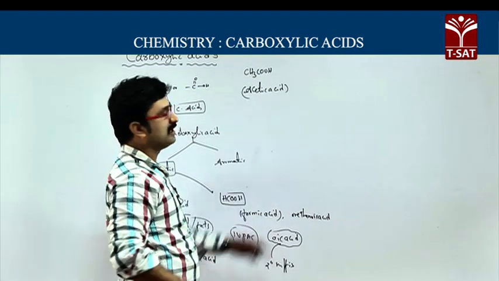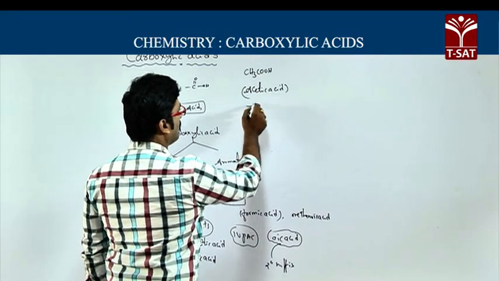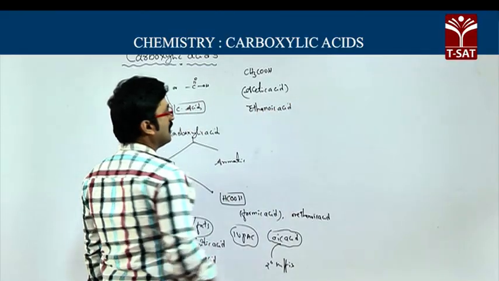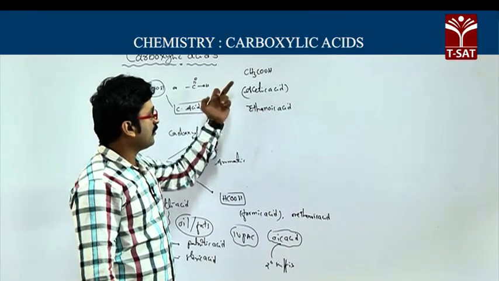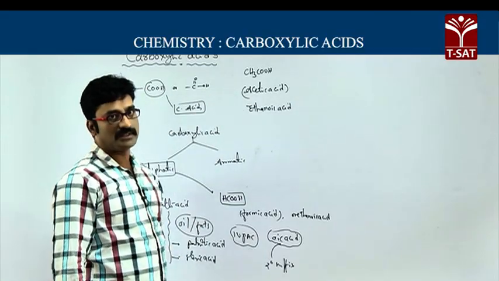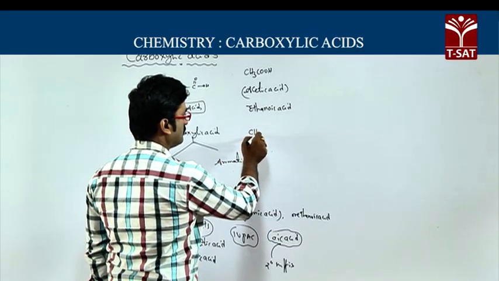Two carbons are there in CH3COOH, so the IUPAC name is ethanoic acid. Acetic acid is the common name and ethanoic acid is the IUPAC name of CH3COOH.